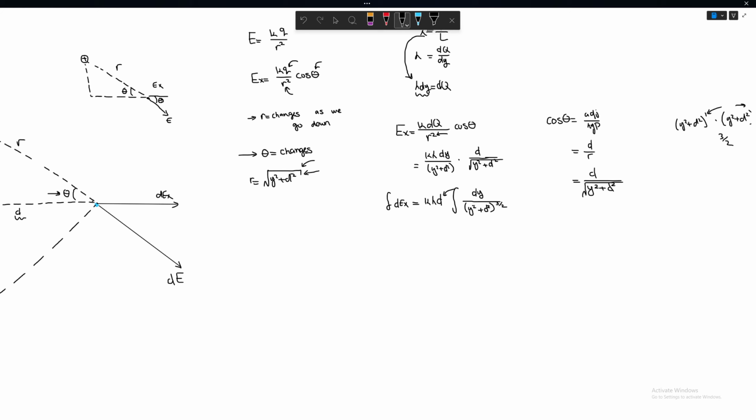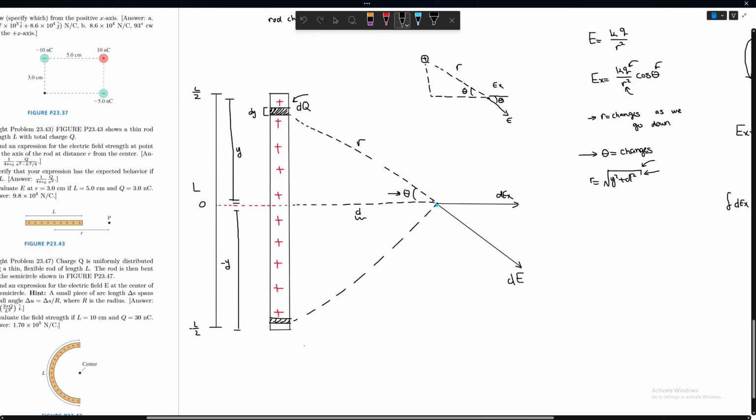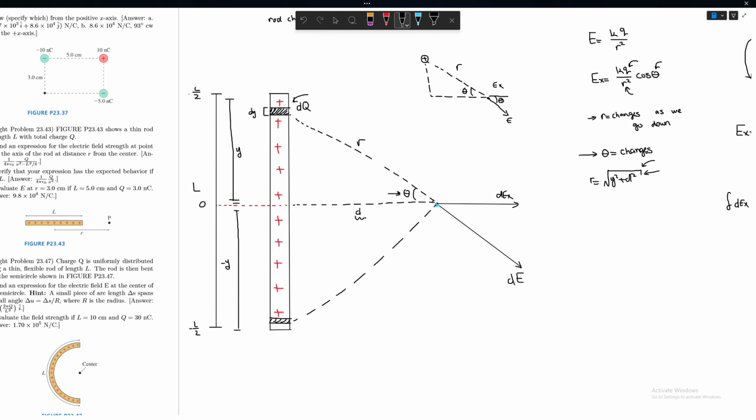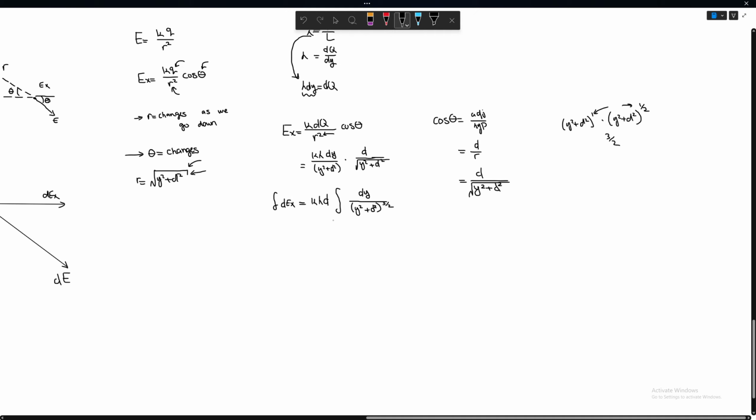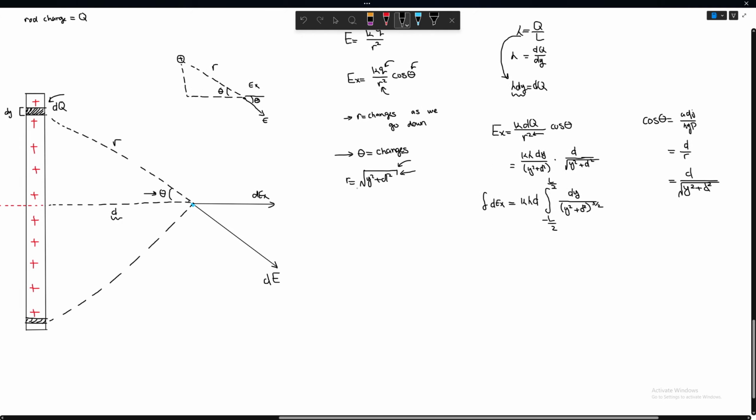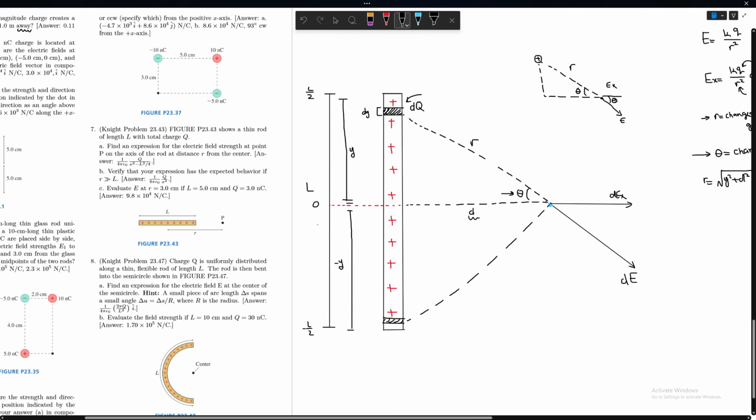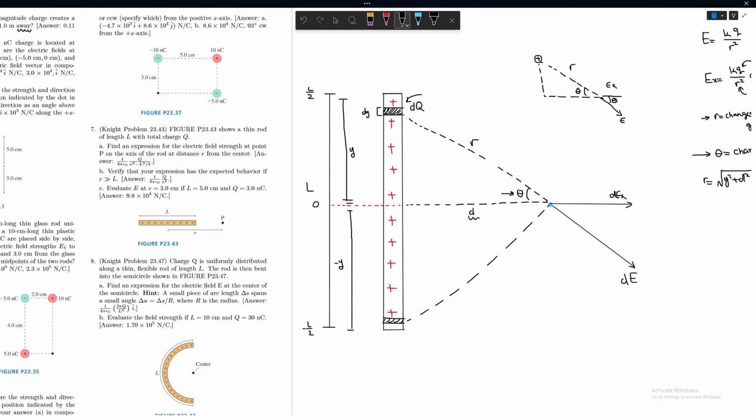Now, all these are constants, so they'll stay on the left side. But the question is, what are my bounds? Where am I taking it from? Obviously, I'm taking it from negative L/2 all the way to L/2. Now you might think, before I actually do this, can I just integrate from 0 to L/2, and then whatever result I get, I times it by 2?